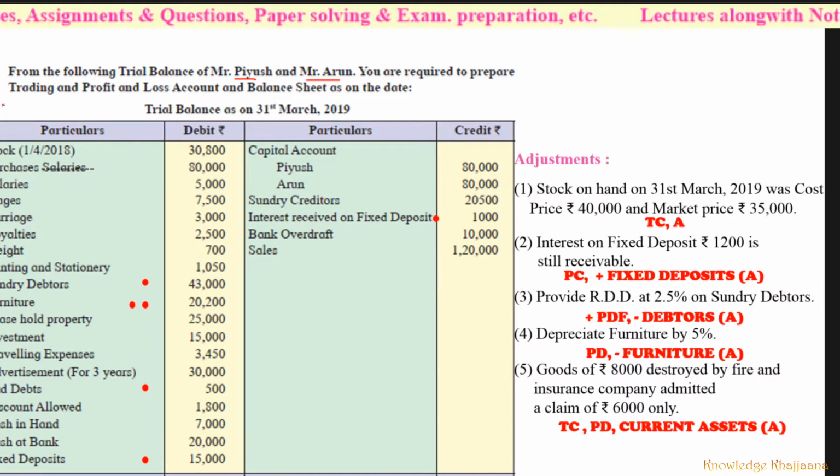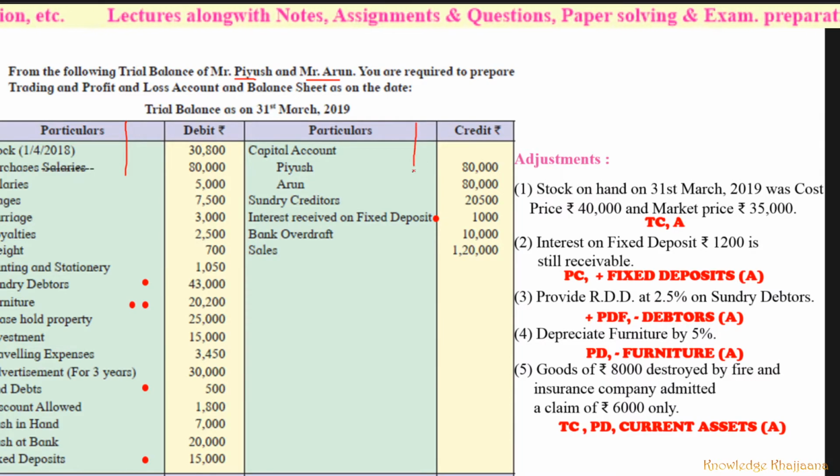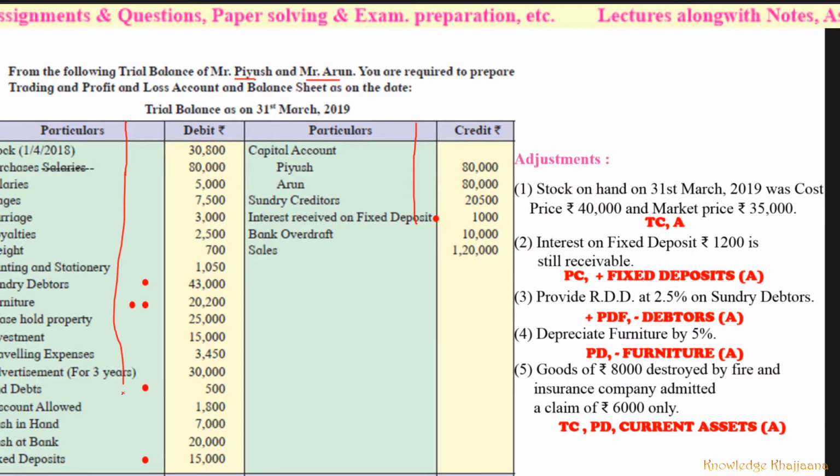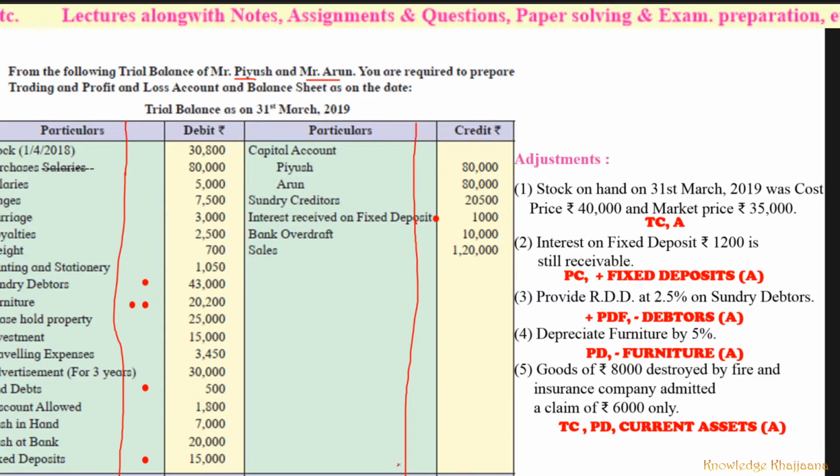Against illustration number 4, draw one ruling, draw one column against this. Draw one proper ruling over here, so I will tell you how the adjustments will be recorded. I am waiting for you for 2 minutes.